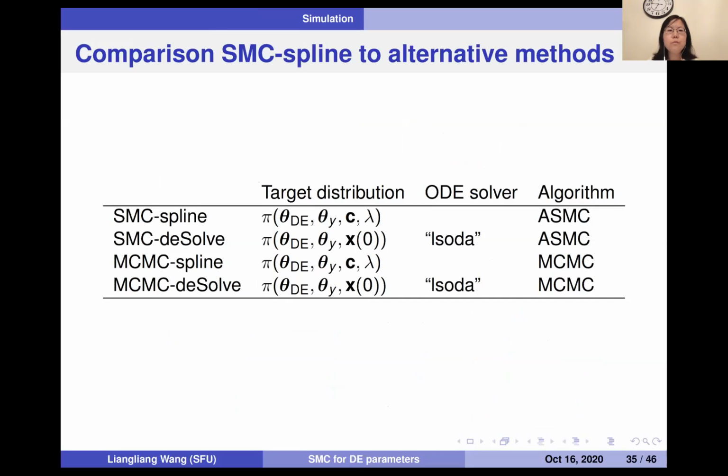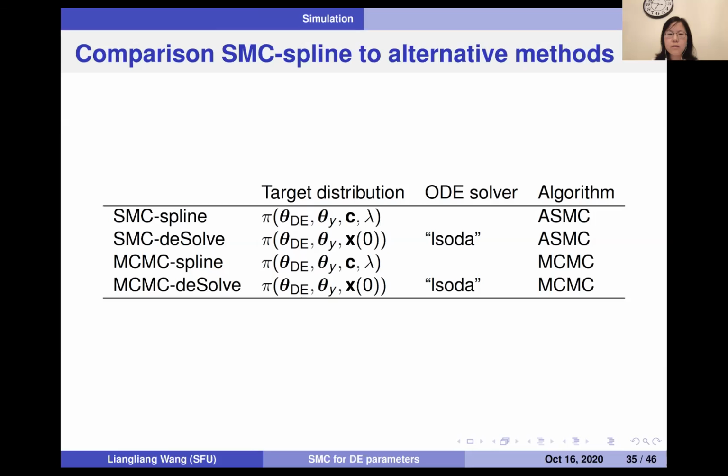So how does this method compare to some alternative methods? Basically, our target distribution here is the posterior distribution of parameters theta d, theta y, and coefficients c and lambda.